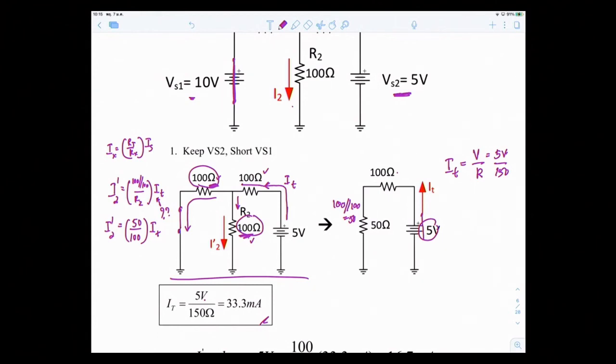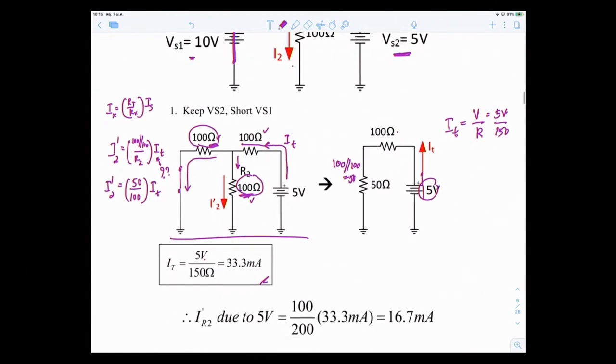Then that means you get I total already, right? As in what I did right here. You may wonder where this number comes from. This number comes from when I use my so-called shortcut formula.